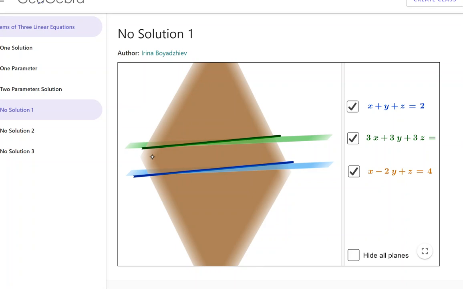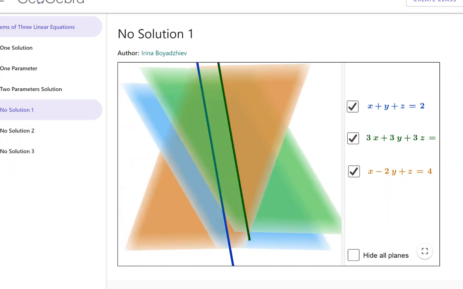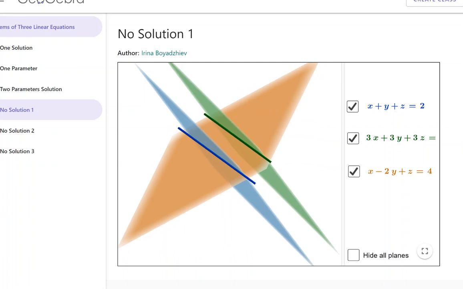Now our third plane, shown in orange here, intersects both planes, but since all the planes don't intersect at the same location, there's no solution to the system. Because to be a solution to the system, it has to be a point of intersection for all of the planes. So there would be no solution to this system of equations, because there's no place where all three planes intersect.